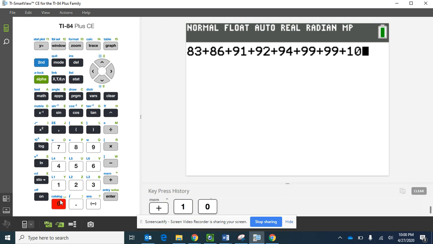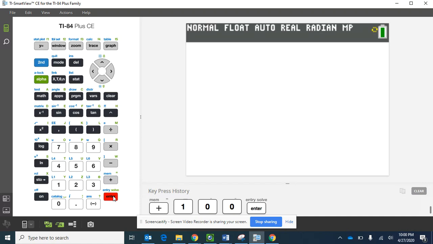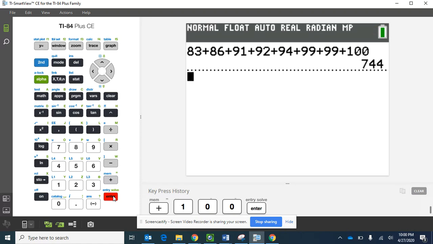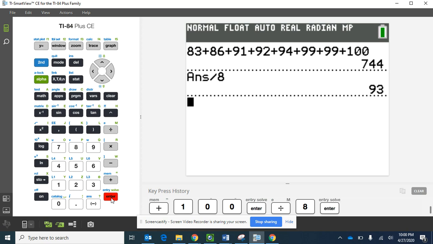When I add them together, I get a sum of 744. Then I'm going to take that sum of 744 and divide by how many data values there were, which was 8. So here's my mean. I get a mean of 93.